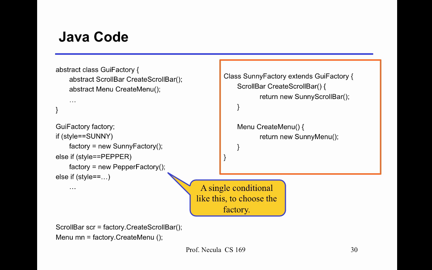And then I'm going to have another instance of this that's going to be your Pepper factory. That will create everything Pepper. So I've kind of separated things out. The conditional is here, the actual allocation is there. But it has the same effect as if you had written all of these all over the place. So you get the right behavior with cleaner code. Questions?